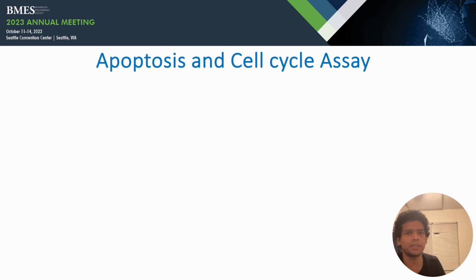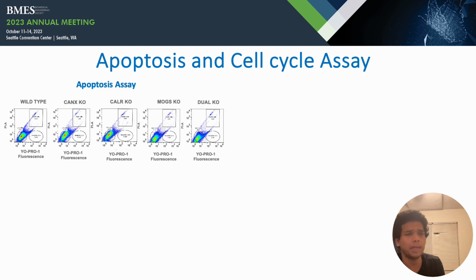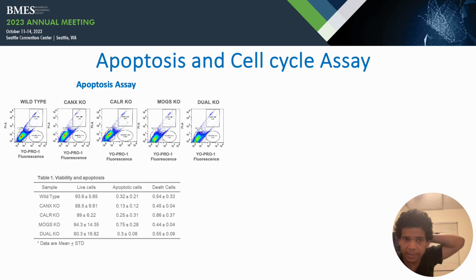And finally, we check the apoptosis and cell cycle. In the apoptosis assay, we can see that almost all cells behave similarly, and there are no significant changes in the apoptosis of the cells compared to the wild type.